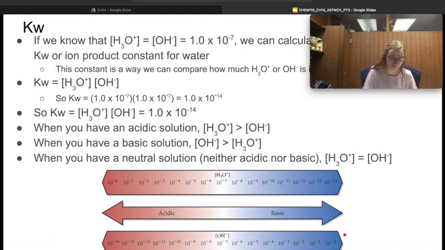So as I increase H3O+, I'm decreasing my concentration of OH-. As I'm increasing my concentration of OH-, I'm decreasing my concentration of H3O+, and that is reflected here in our Kw equation.